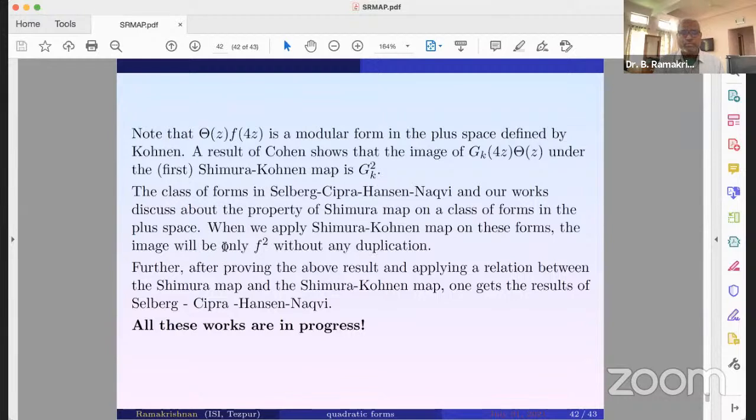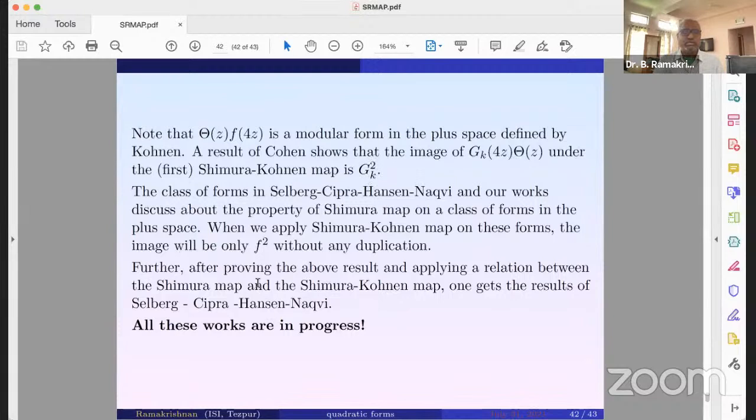So that I also worked out. I think one has to write it more explicitly. So this is also done. Further, proving the above result and applying a relation between the Shimura map and the Shimura-Kohnen map, which we obtained in my paper with Savoli and Manikam, one also gets this result of Selberg, Shimura, all the results I can obtain. Once we prove the corresponding result for this class of functions, and then the mapping property, that is exactly the generalization of Cohen's result in this setup, showing that under the Shimura-Kohnen map, it is exactly f squared.